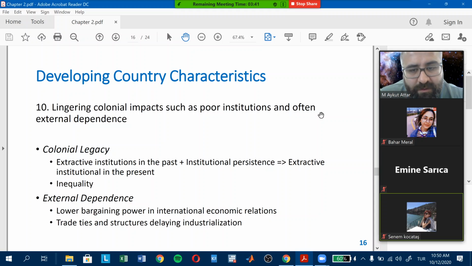Trade ties are important, and most of the time, we understand that because of specialization patterns, external dependence creates some delaying effects on industrialization. The famous case is with the UK and India.